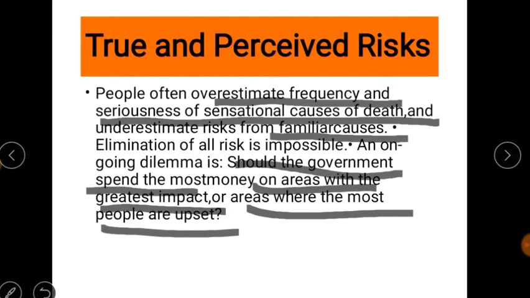Government is also in a dilemma where to spend money, to control the industry's pollution level, or in the different areas where the people are facing problems.